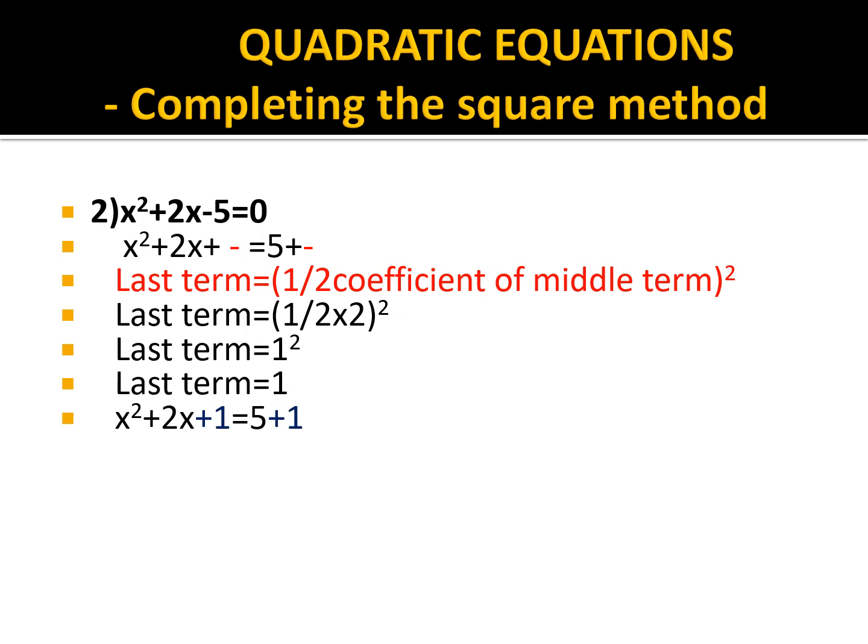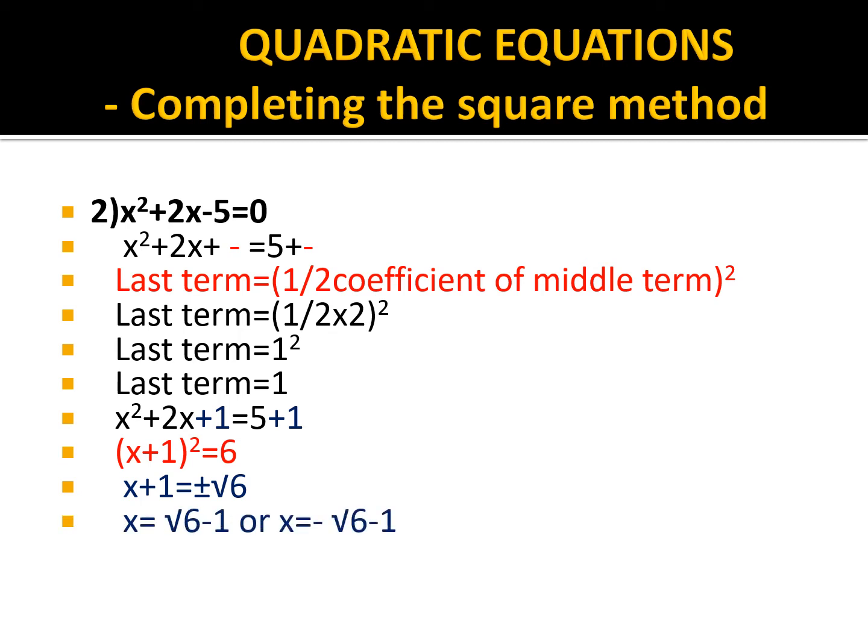This gives us x square plus 2x plus 1 is equal to 5 plus 1. We notice that the left hand side is a complete square, x plus 1 the whole square, is equal to 5 plus 1, that is equal to 6. Since we have to find the value of x, we take the square root on both sides to give us x plus 1 is equal to plus or minus root 6.